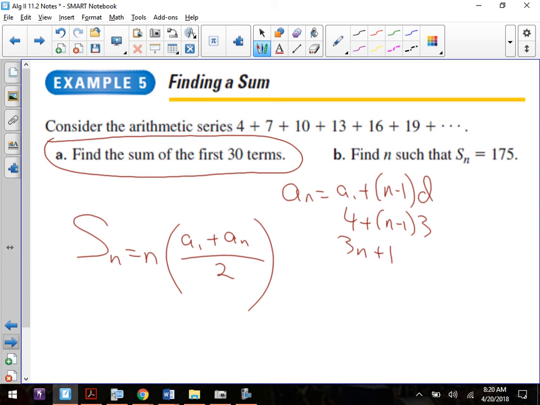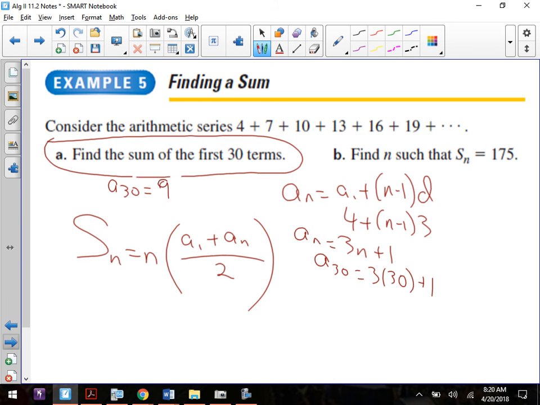The reason I wanted to do that is because I need to figure out what the 30th term is. So the 30th term will be 3 times 30 plus 1.